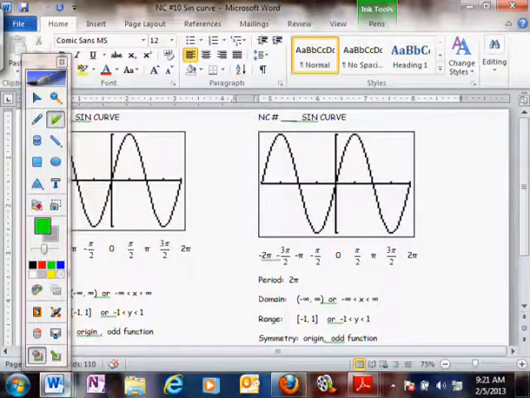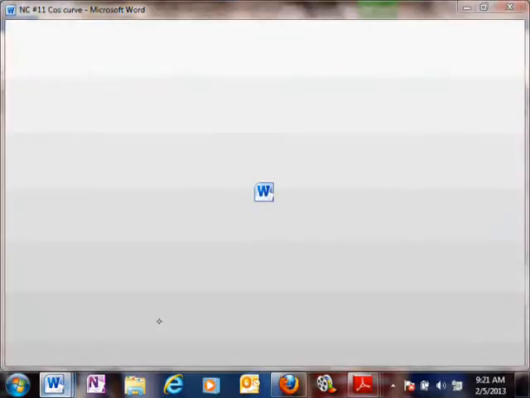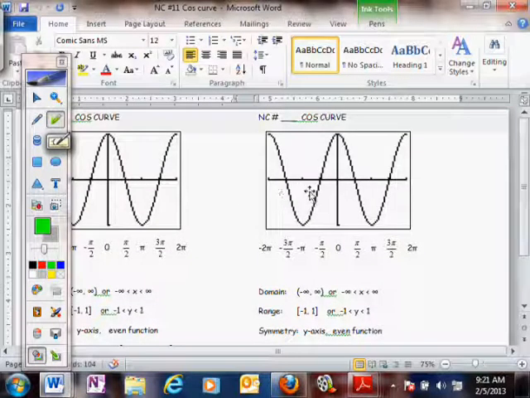Right now I want to introduce to you the cosine curve, and it has a lot of similarities.